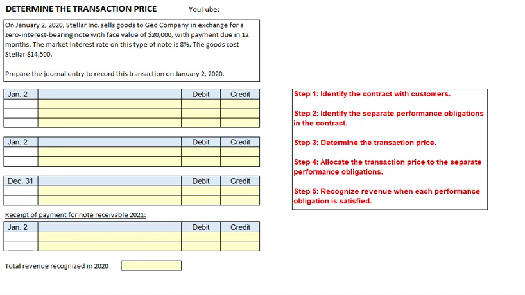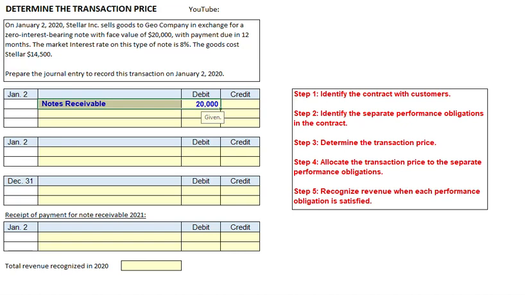So again, step one, we do have a contract with a customer. We have the two separate performance obligations, the delivery of goods and the extension of credit. We have a total transaction price of $20,000, the face value of the note, and we will need to allocate that between the delivery of the goods and the interest component. And we'll recognize revenue when each of those performance obligations is satisfied.